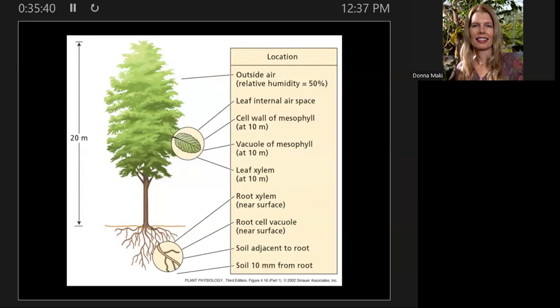And as long as you have continuous liquid water, all in a bulk system, all the way down to the roots, you'll have that gradient of nice negative pressure up in the leaves, a good tension up in the leaves, less further down. And so you have that gradient, which will allow for the water movement, unidirectional from the roots up to the leaf veins and out through the stomata.